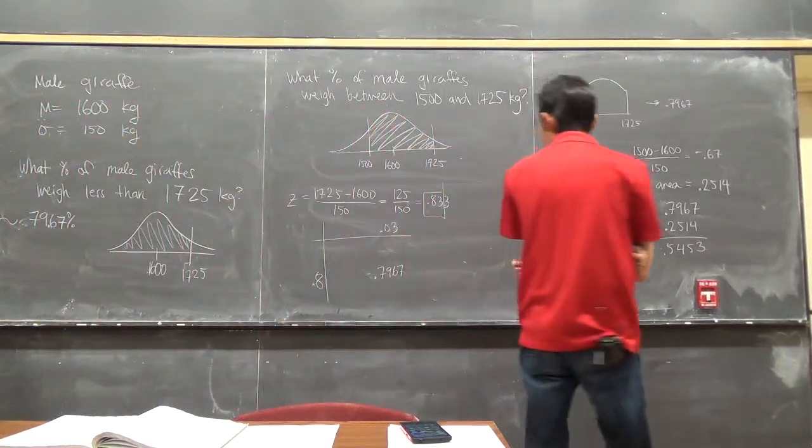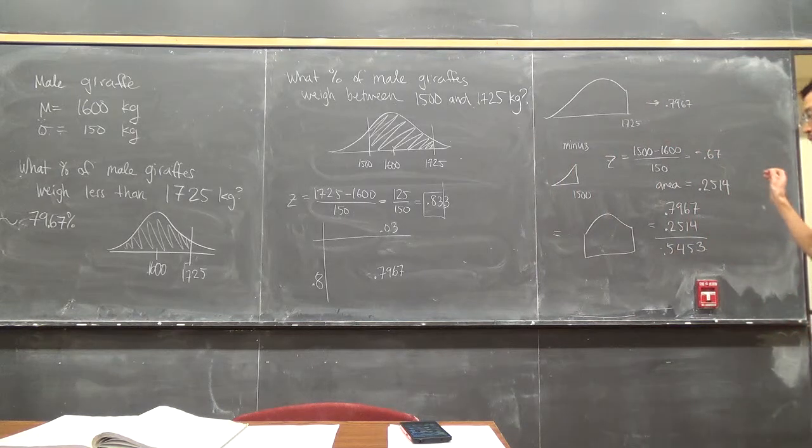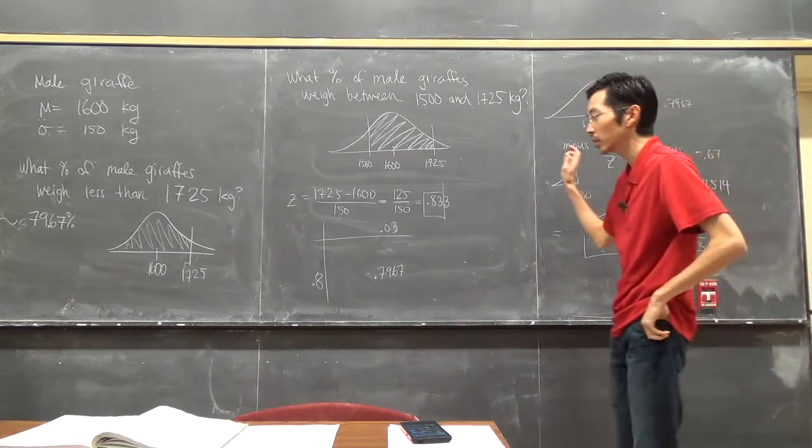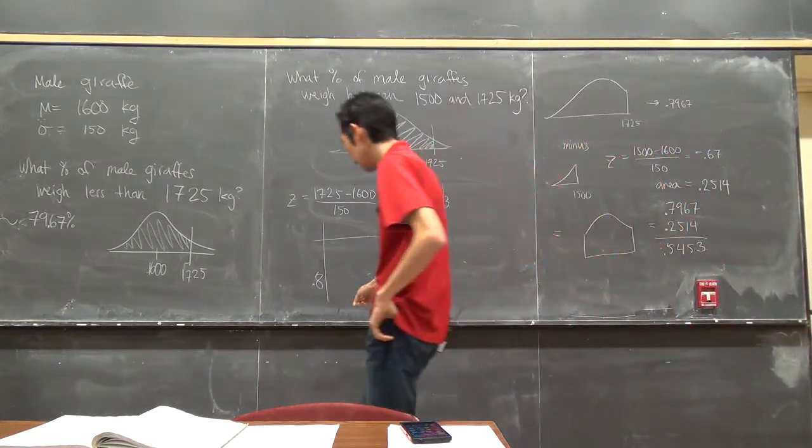When you look in the table and look up a z-score, the table always tells you the area to the left of the z-score.